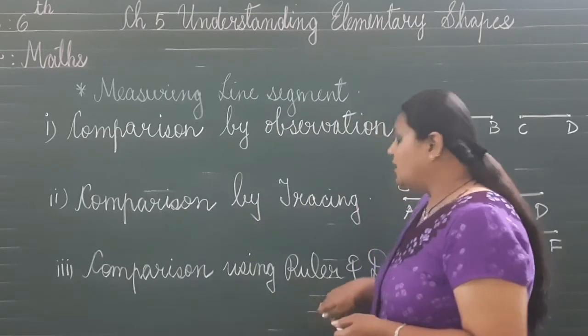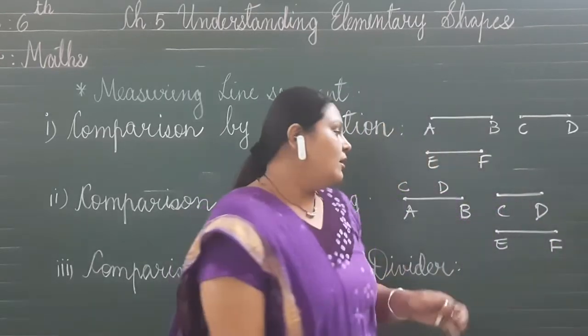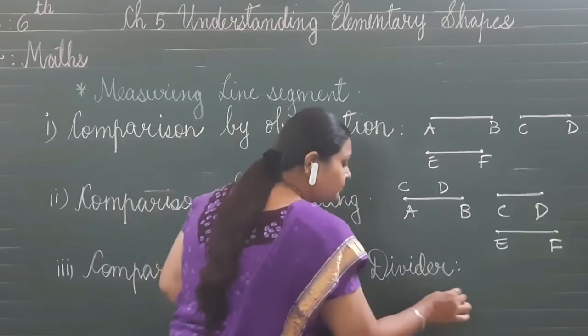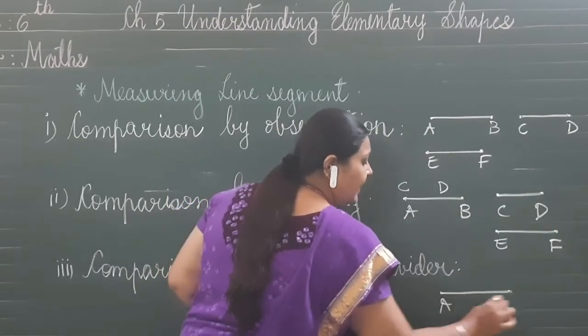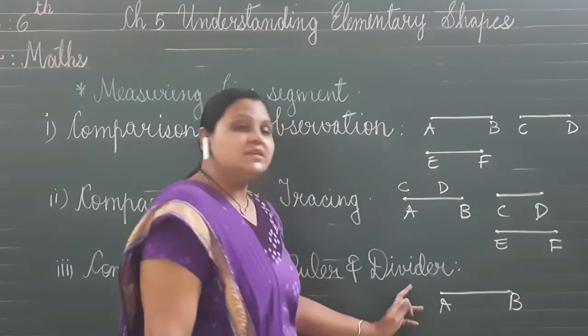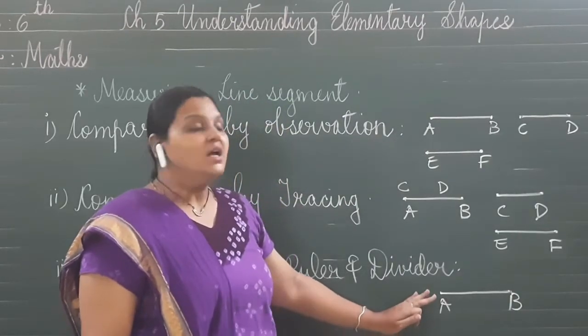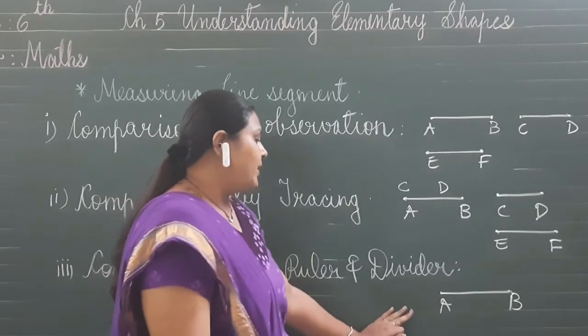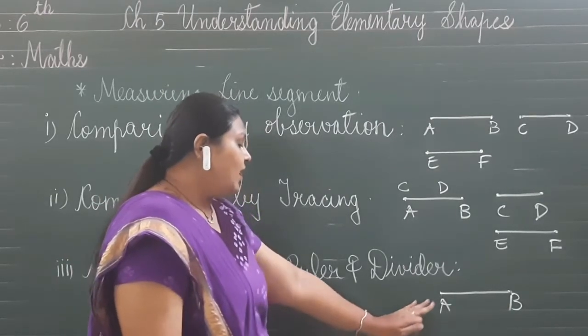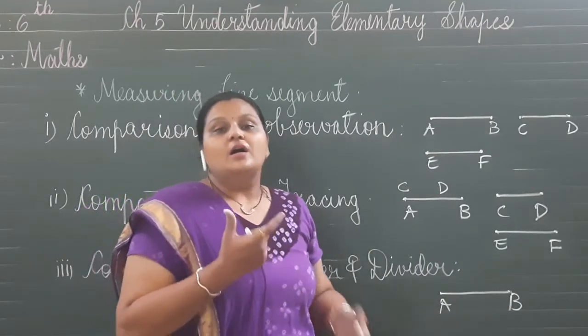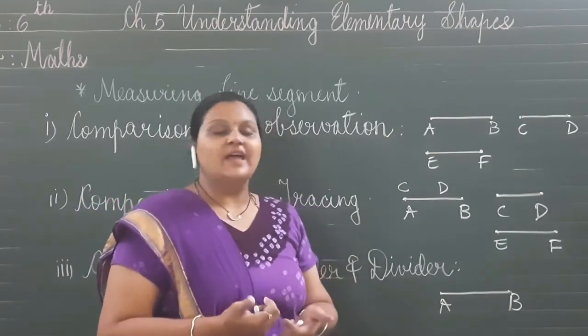The third way is comparison using a ruler and divider. For example, I want to measure line segment AB. The divider is an instrument in our geometry box, which we have already seen. The divider has two pointed ends.